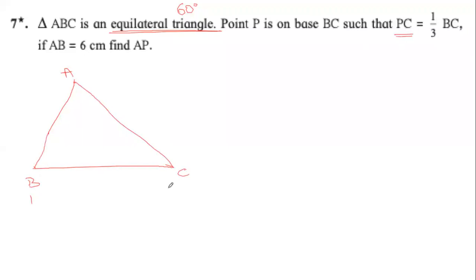So if this is the total BC, then 1/3 of it will be somewhere here; if we add it three times, it makes the whole. So this is the point P. P is a point on BC such that PC equals 1/3 BC, and AB equals 6 centimeters. The question is to find the length of the line segment AP.